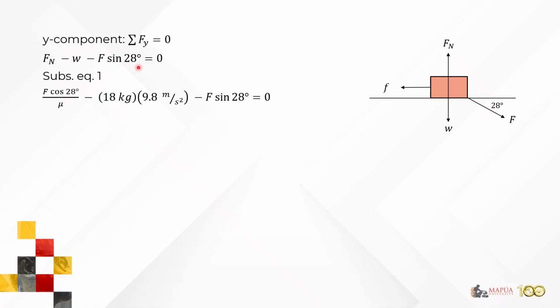And then now we can substitute to equation 1 earlier. Remember that F sub n is equal to F cosine 28 over mu, minus the weight, which is just mass times acceleration due to gravity, minus F sine 28 degrees.